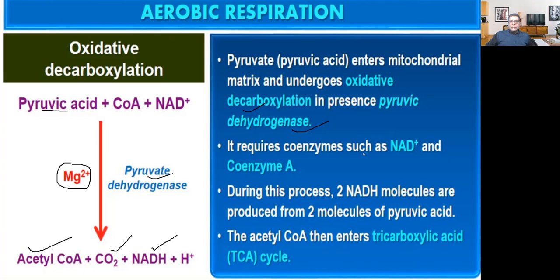It requires coenzymes such as NAD and coenzyme A. During this process, two NADH molecules are produced from two molecules of pyruvic acid. The acetyl coenzyme A then enters the tricarboxylic acid cycle, that is TCA.